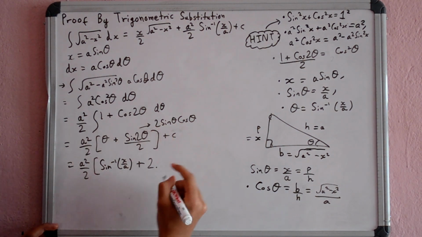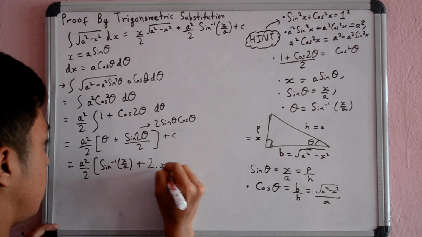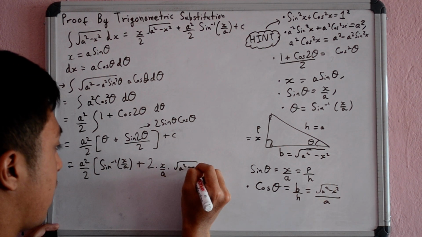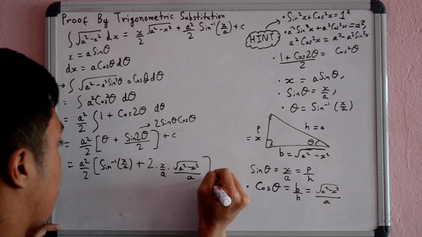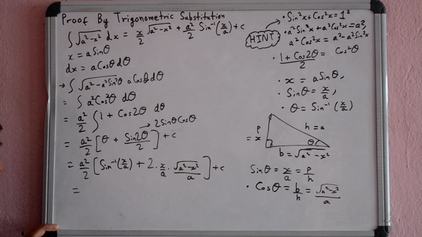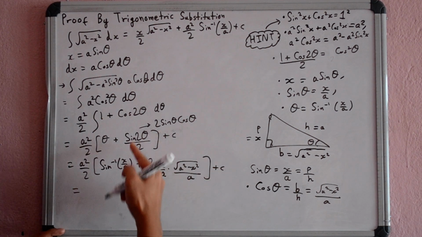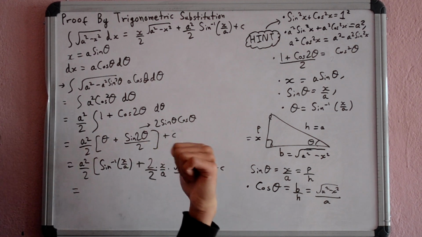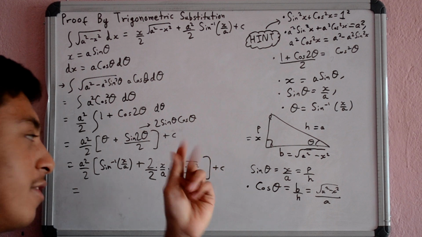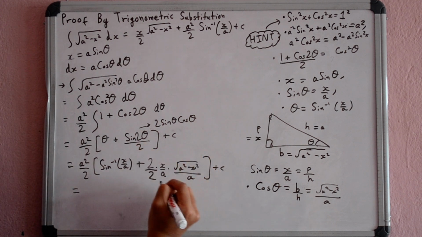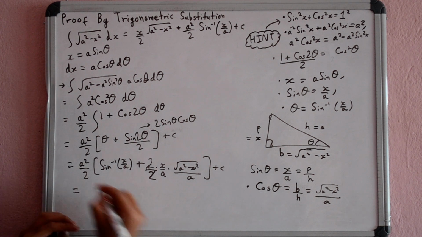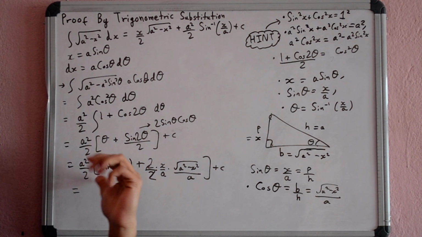So let's just put that down. 2 sin theta, which is x by a, into cos theta, which is root a square minus x square by a, plus c. Oh, I cannot forget the 2 right here. This is the most important part. I have forgotten it twice, I think. And 2 and 2 cancel, obviously. And in fact, we can just distribute this a square by 2 inside.